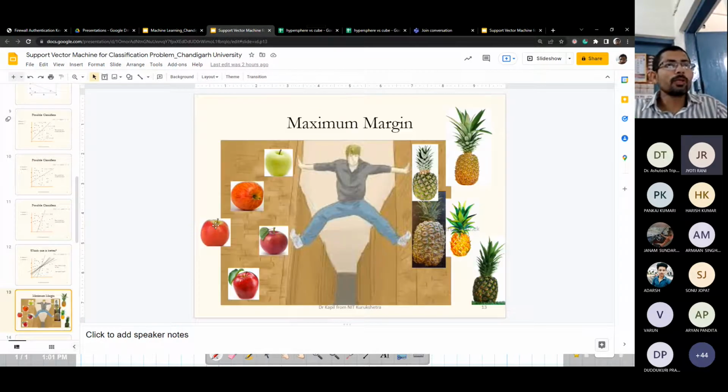So the idea is, with these data points and the classifier, we take two planes. This is one plane, this is another plane. We want to push these two planes as far away as possible while keeping the data points as they are, and keeping the two planes parallel. Once we keep these two planes parallel, the middle plane could be the robust classifier.